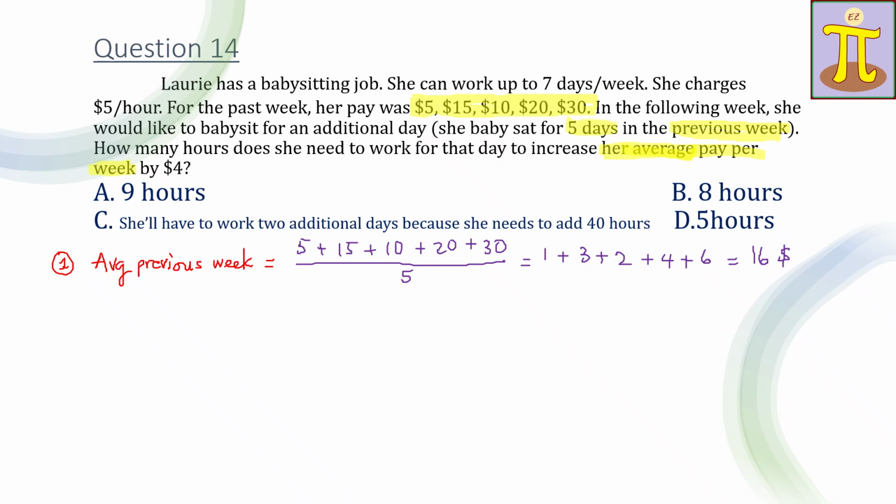Now they said the previous week is $16 on average, but she wants to increase her average pay this week by $4. So step number 2, we find the average of this week.